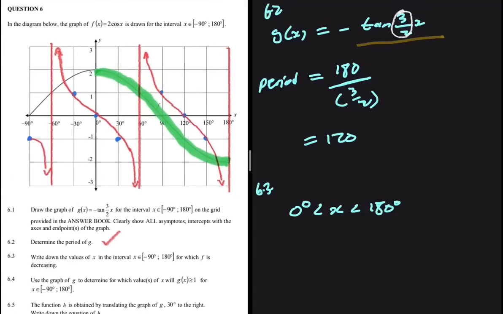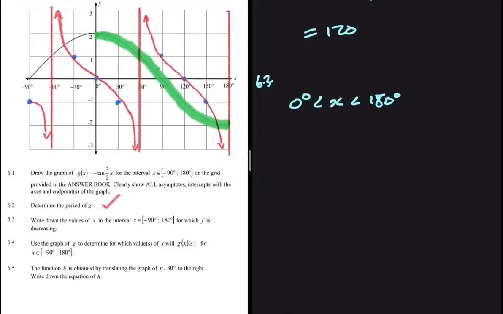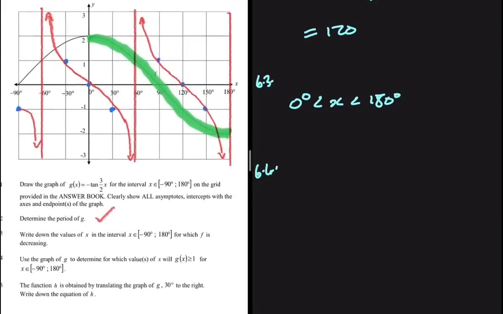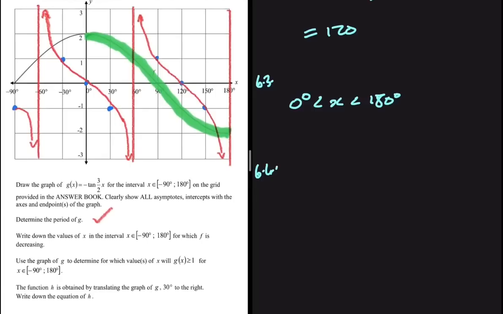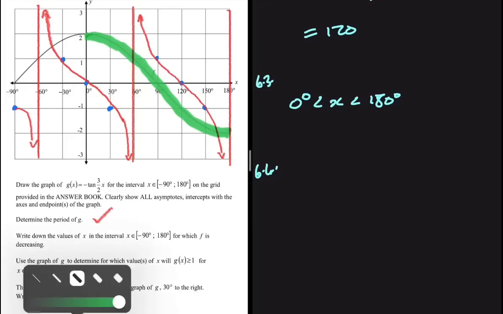Let's look at 6.4. Use the graph of g to determine for which values of x will g of x be greater than or equal to 1 for the interval minus 90 to 180 degrees. g of x is minus tan 3 divided by 2 x. So let's go ahead and find out. We need our graph to be greater than or equal to positive 1.